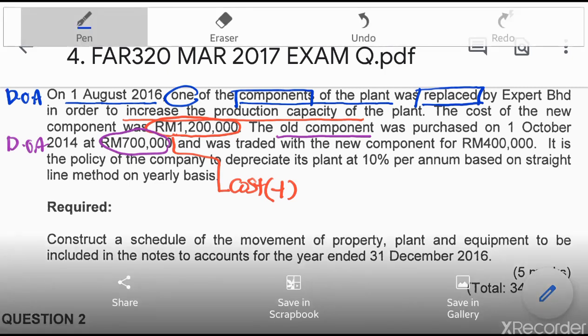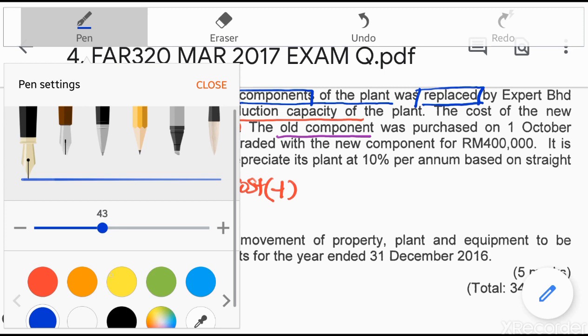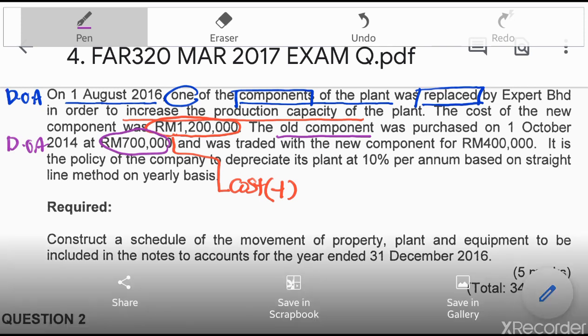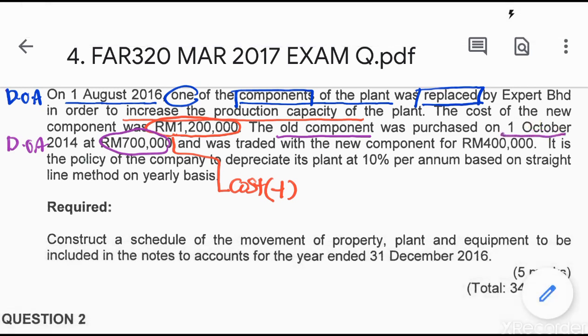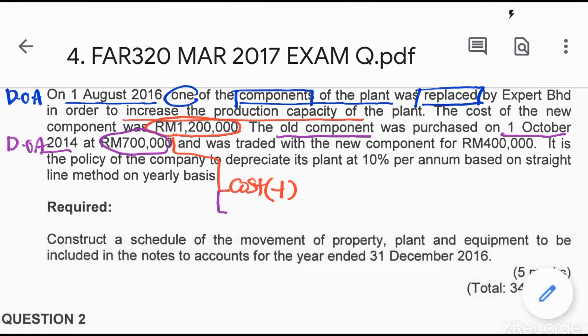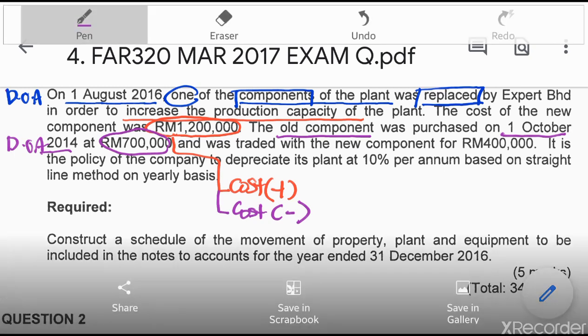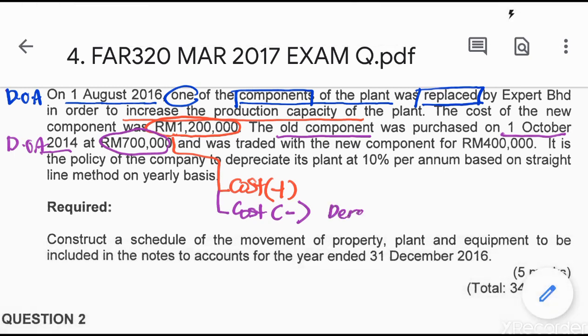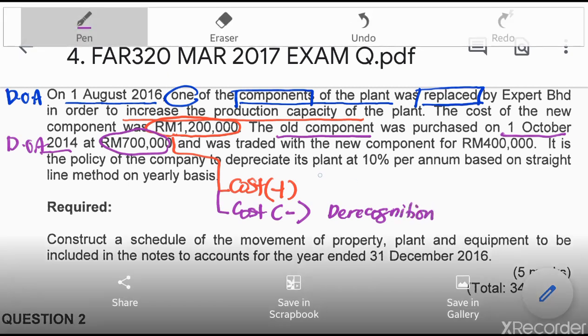The date of acquisition of the old component was on 1st of October 2014. So therefore, this 700,000 is also to be included in the cost, but in the cost it has to be deducted, meaning that this is something to do with derecognition, also known as disposal.